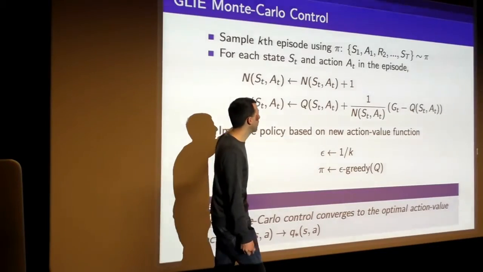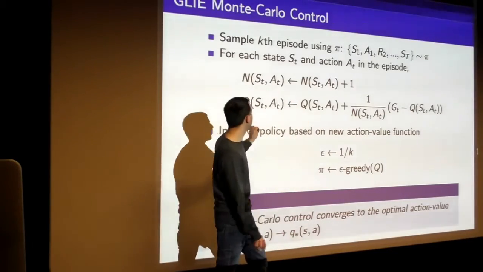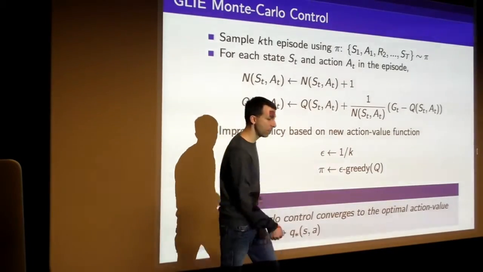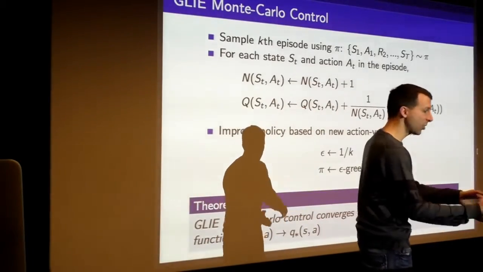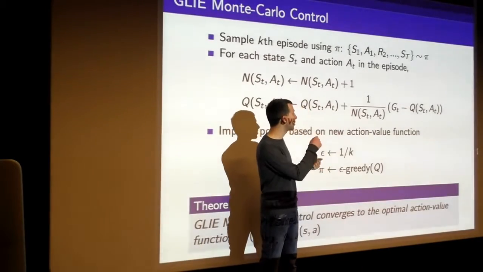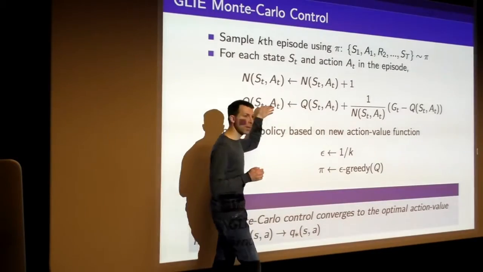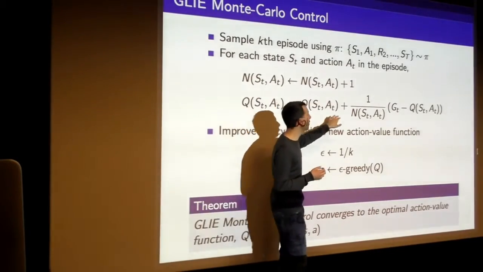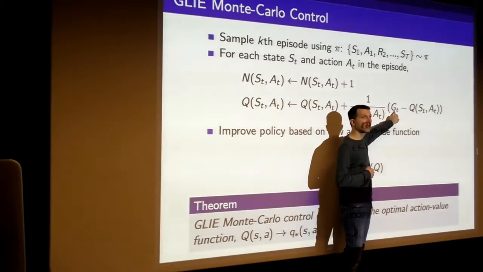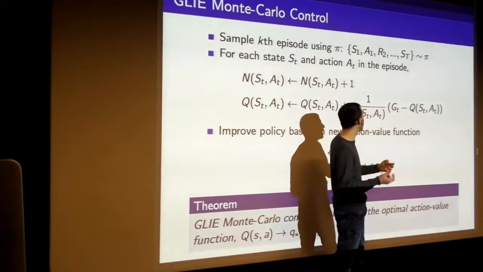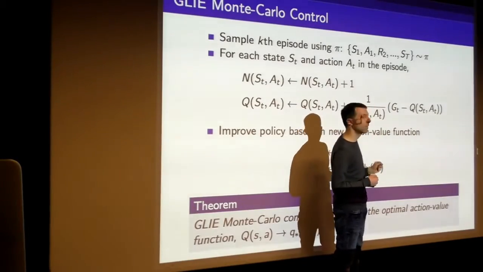If we consider that particular state-action pair, how many times have I tried that? Let's adjust our previous mean a little bit in the direction of the return that we just got. The amount we adjust it to get a correct mean estimate is this 1 over n.